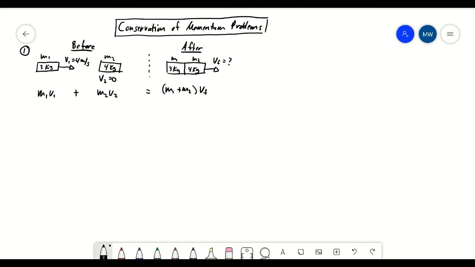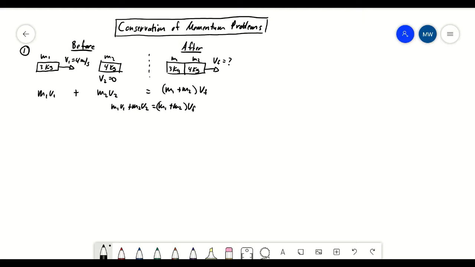So this is the equation that we'll solve for this problem. We've just generated that equation. If I got rid of some of the space in between it, I would just have M1 V1 plus M2 V2 equals M1 plus M2 times V final.